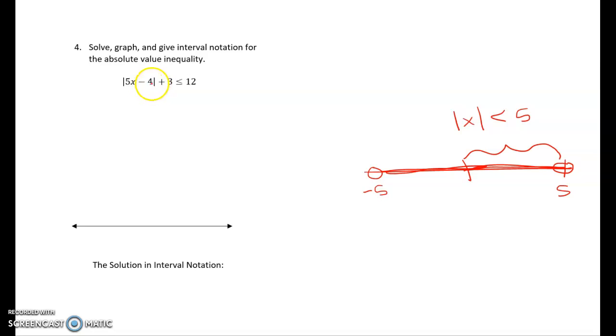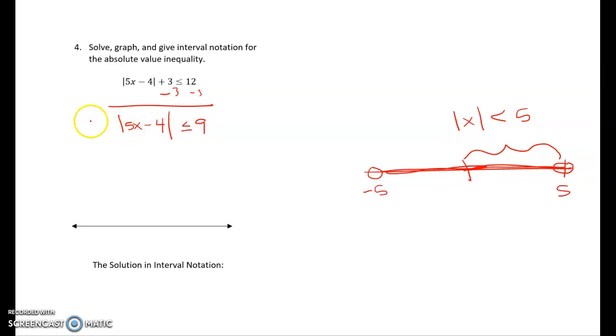First thing we want to do is isolate this absolute value. That's always what you want to do whenever you're solving an absolute value equation or inequality. So we'll minus the 3 on each side, and we'll get absolute value of 5x minus 4 is less than or equal to 9.